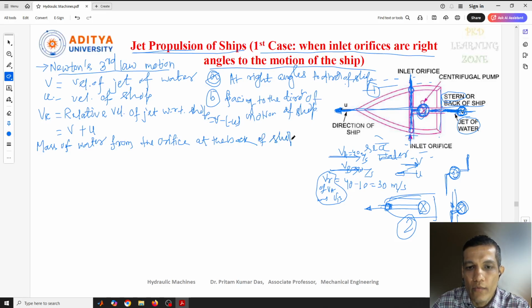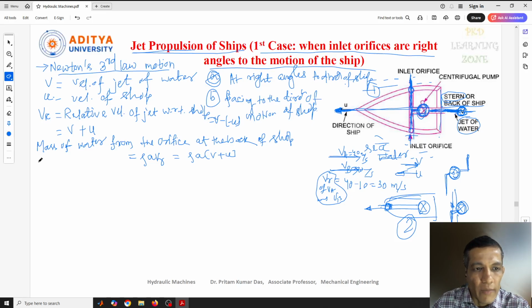That means the mass of water which is coming out from the back of the ship, we need to find out. So at this condition also we need to consider the relative velocity. The formula is rho a v, but here we need to consider rho a v r, which is nothing but rho a (v plus u). Already these things we have done previously.